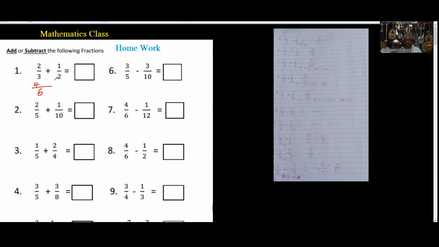Wait, let me do that again, because I think you added the number at the bottom in that number 1. Two threes going to six, and three twos going to six.